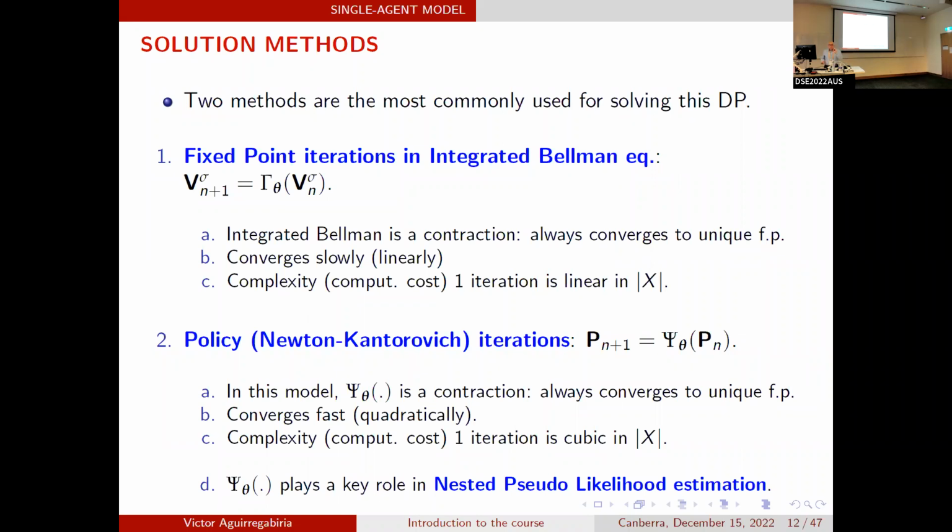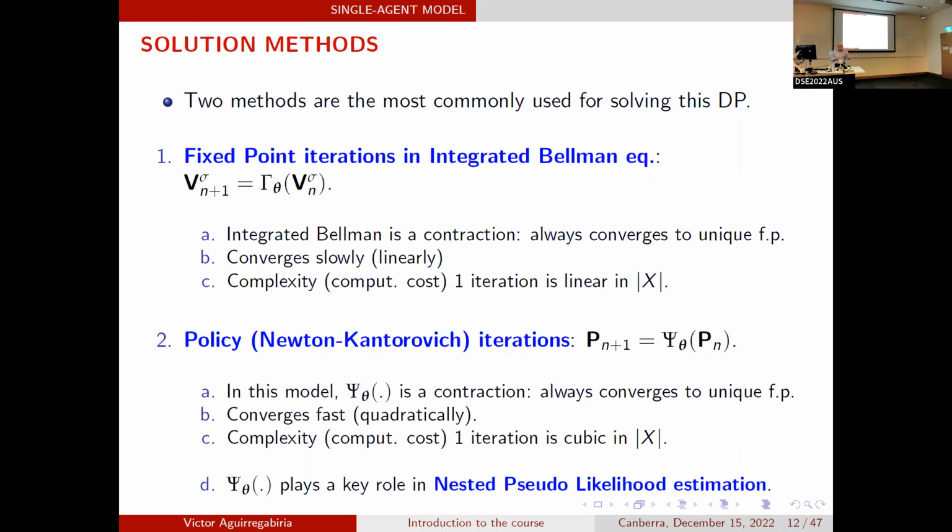This mapping plays a very important role in nested pseudo likelihood estimation. I'm using this subindex for facility in writing some expressions, but it means that theta, the vector of structural parameters, is an argument in this policy iteration. If we change theta, we have a different policy iteration mapping, a different dynamic programming problem, and then a different fixed point.